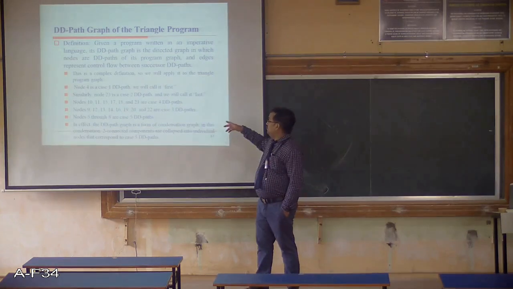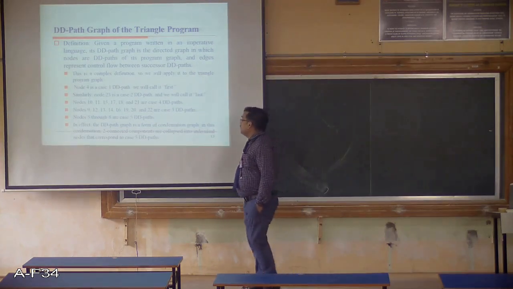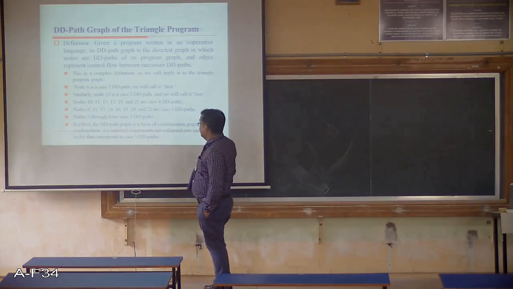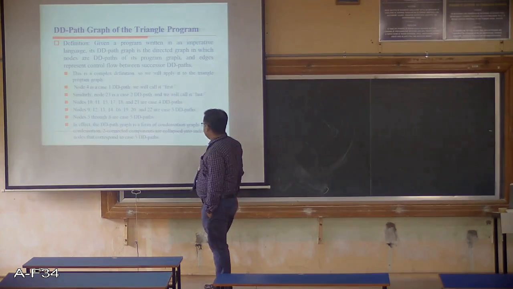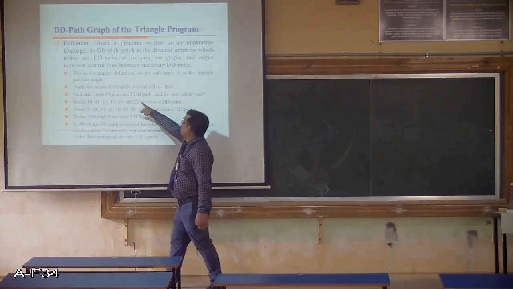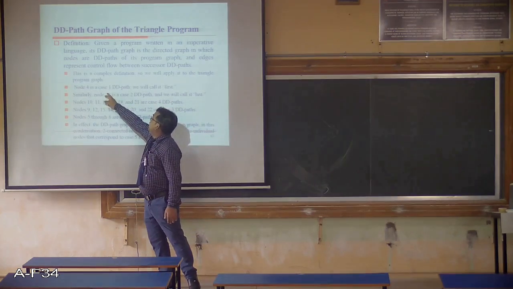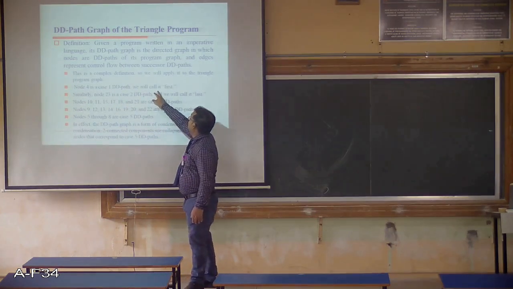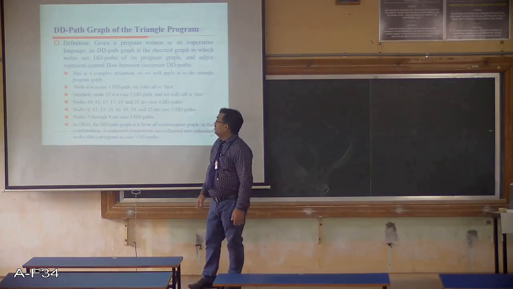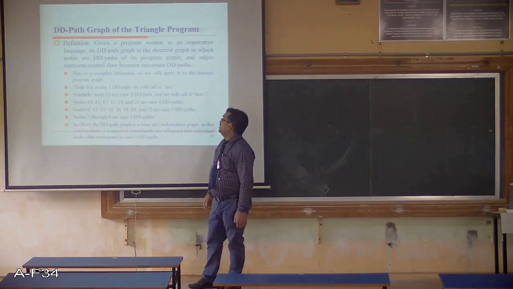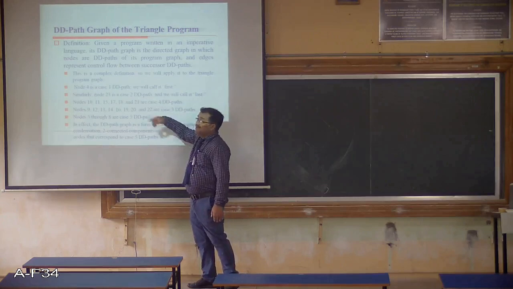So in the triangle problem, you have a lot of short DDpaths. Node 4 is the case of one DDpath, and we call it the first. Similarly, node 23 is the case of two DDpath, that is the end statement.